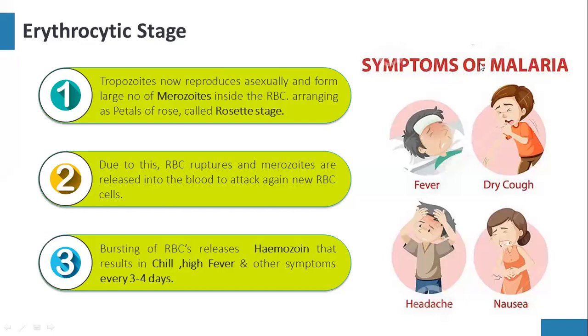Dry cough will be there, headache, body pain, sometimes a vomiting-like sensation, nausea, and on a few occasions vomiting also. These are the major symptoms. At the start of this class I also told you about the symptoms. Same here.